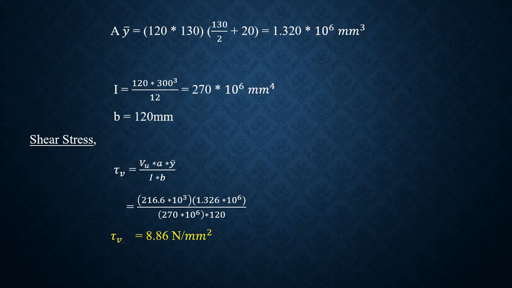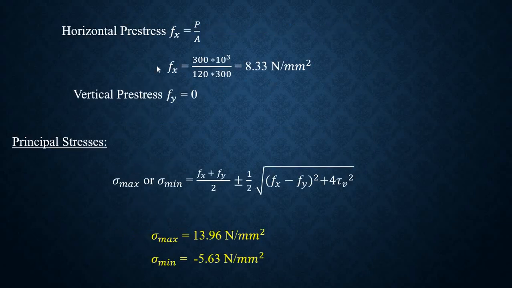Therefore, we get shear stress 2V as 8.86 Newton per mm square.